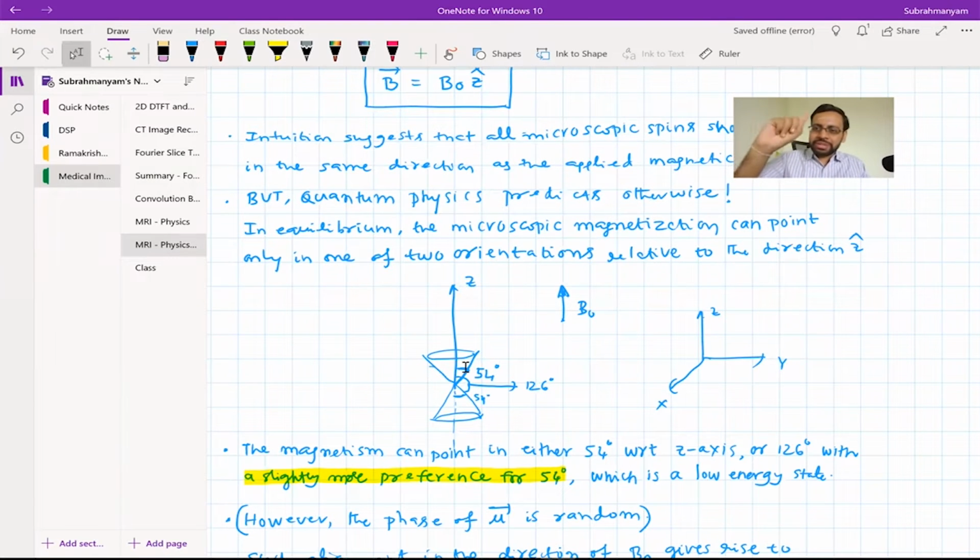Once you apply this magnetic field, it either rotates at 54 degrees, or in the opposite direction. In other words, measuring angles with respect to the positive z axis, it rotates at 54 degrees or at 180 minus 54, that is 126 degrees. That's how it rotates when you apply an external magnetic field. This is the first time we are applying an external magnetic field.